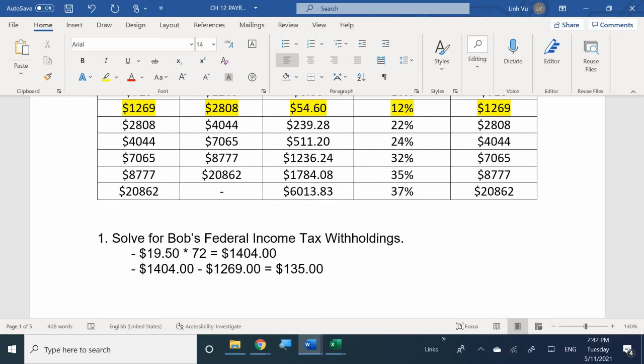Because this is the money that he's earned in excess, this is subject to the 12% extra tax that he has to pay. So we're going to take the 135 and multiply it by the 12% bracket that we landed on. What is 12% of $135?